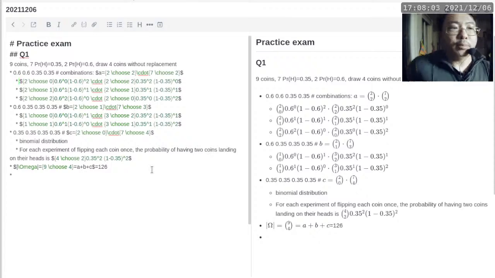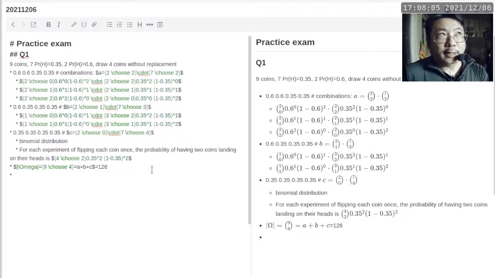The practice part has to do with separating the steps and understanding which step needs to use the lotto technique, and which step has to use the binomial distribution. You have to look at the problem and be able to separate it into 2 different steps, because with this problem, the first step is really choosing the 4 coins out of the purse, and then the second step is to flip each coin once and see what are the chances that exactly 2 coins land on the head.